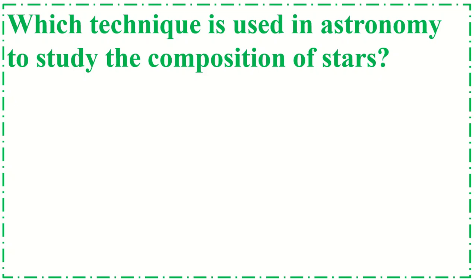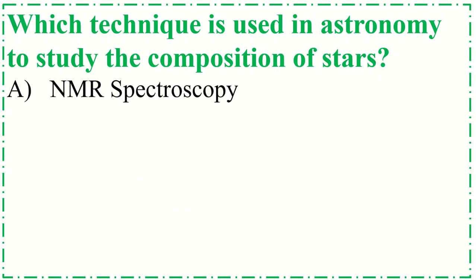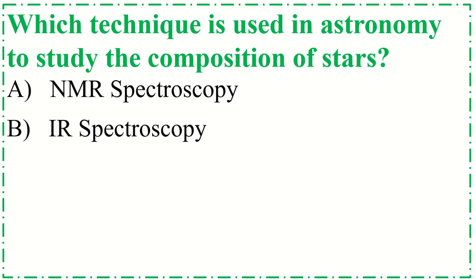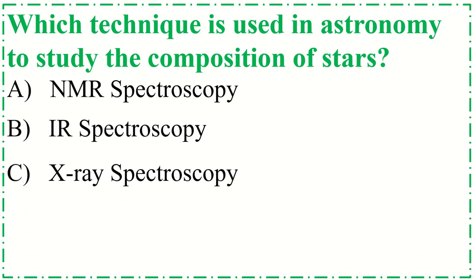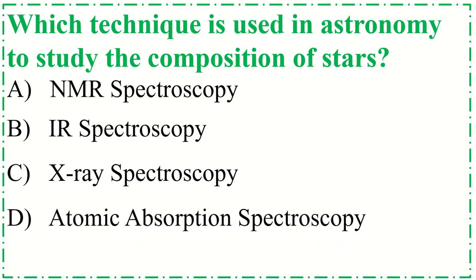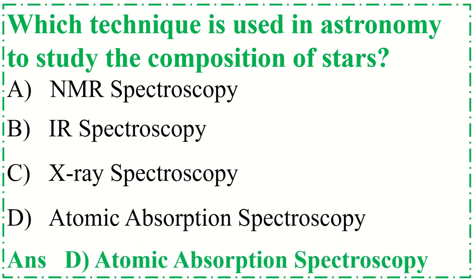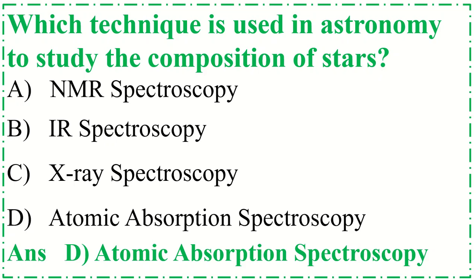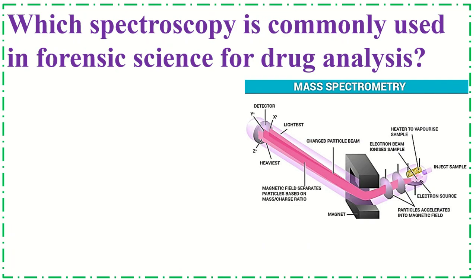Which technique is used in astronomy to study the composition of stars? Option A, NMR spectroscopy; B, IR spectroscopy; C, X-ray spectroscopy; D, atomic absorption spectroscopy. Correct option is D, atomic absorption spectroscopy.